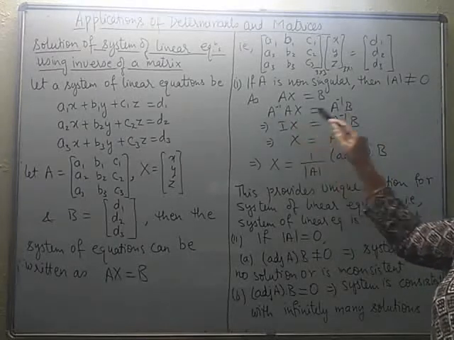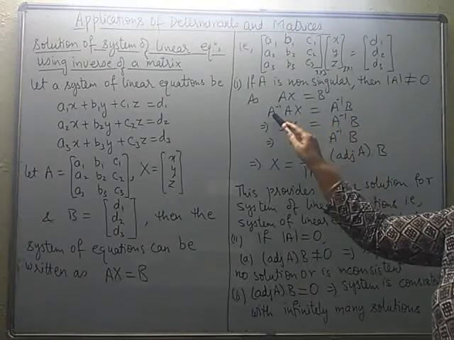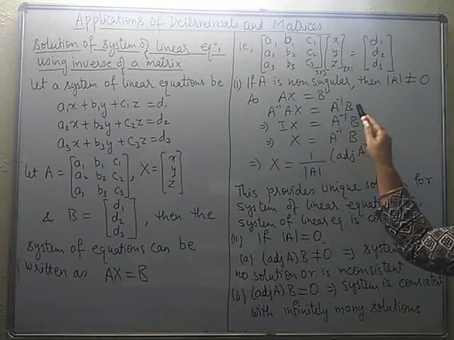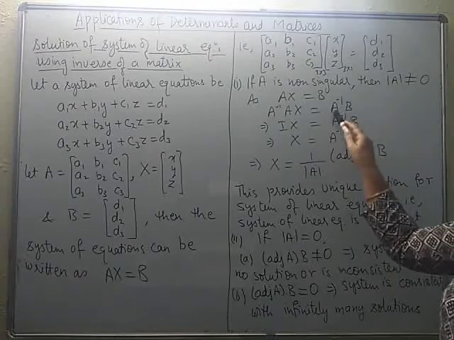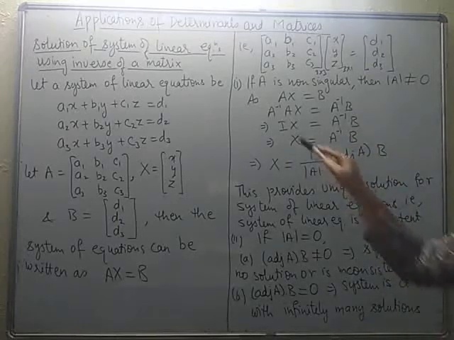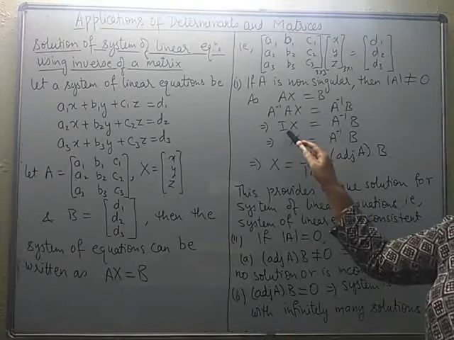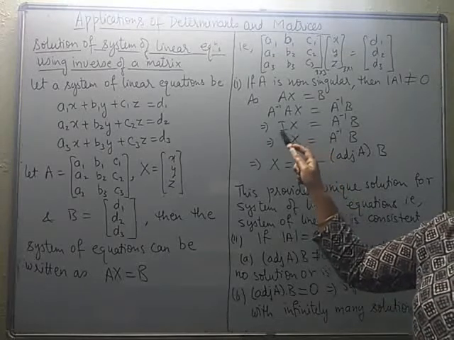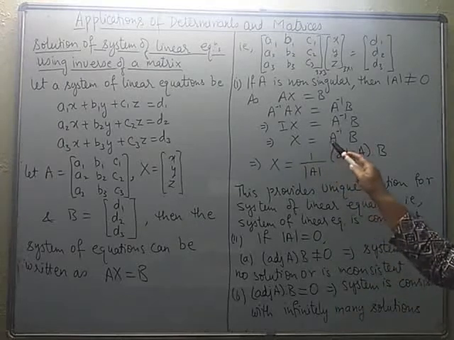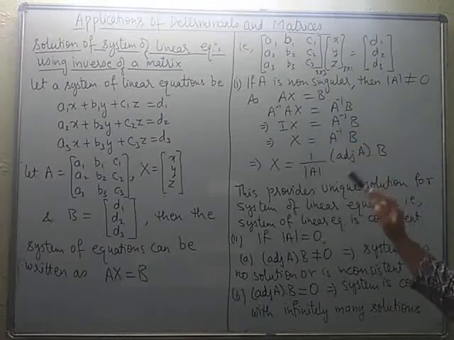We can multiply both the sides by A inverse. Then A inverse into A reduces to I. A inverse into B, because we don't know the matrix A inverse, we cannot multiply, so I'll keep it as it is. Now the identity matrix into X will be the matrix X only, because any matrix multiplied with the identity matrix gives the matrix itself. So X is coming out to be A inverse B.